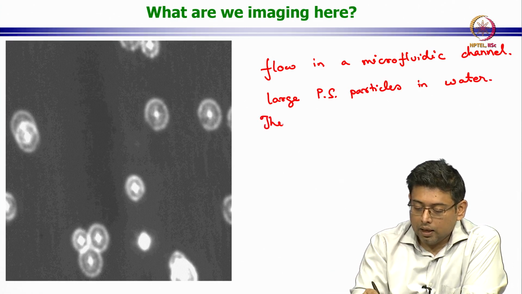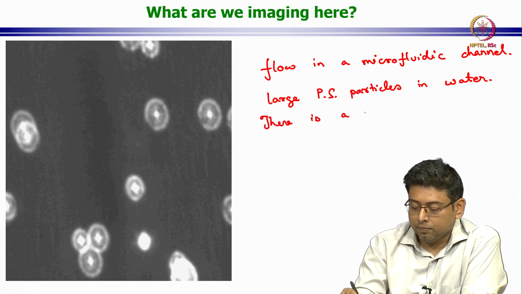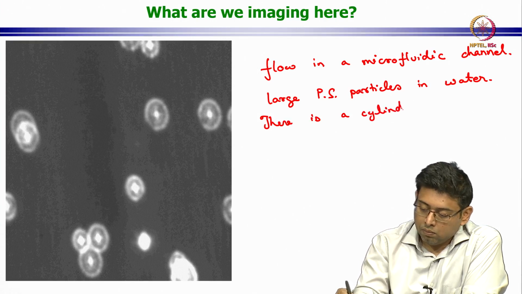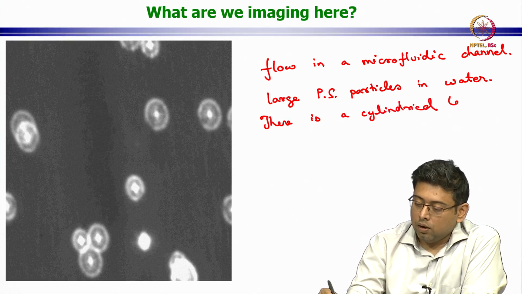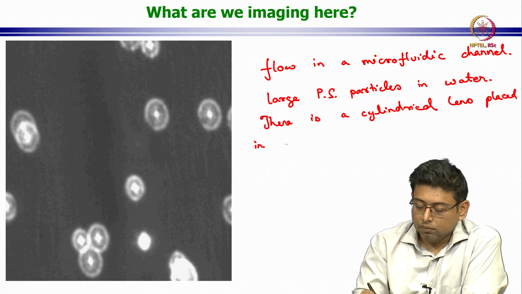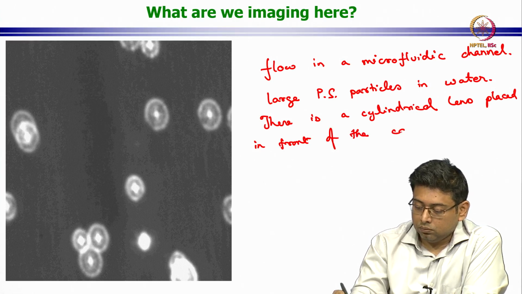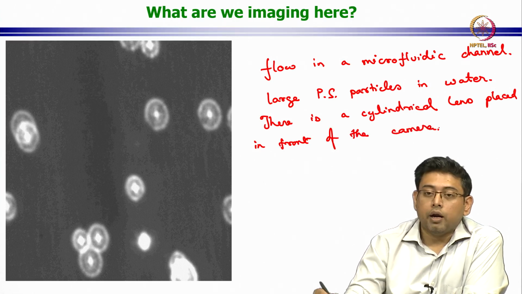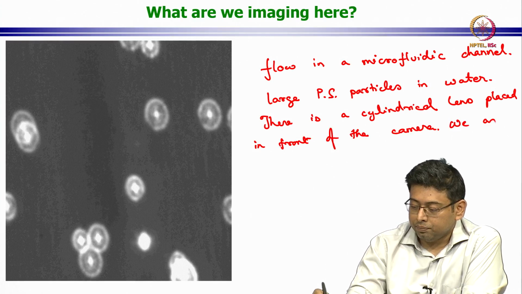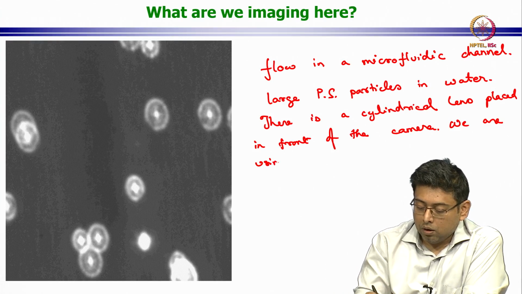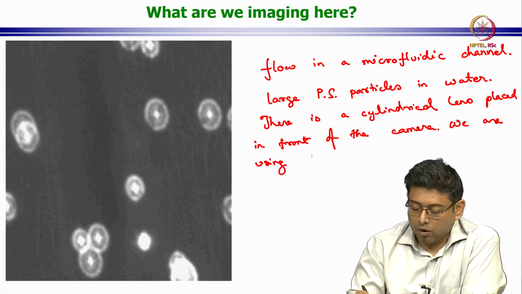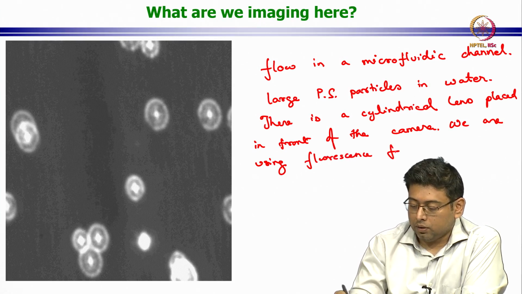There is a cylindrical lens placed in front of the camera, and we are using fluorescence for imaging.